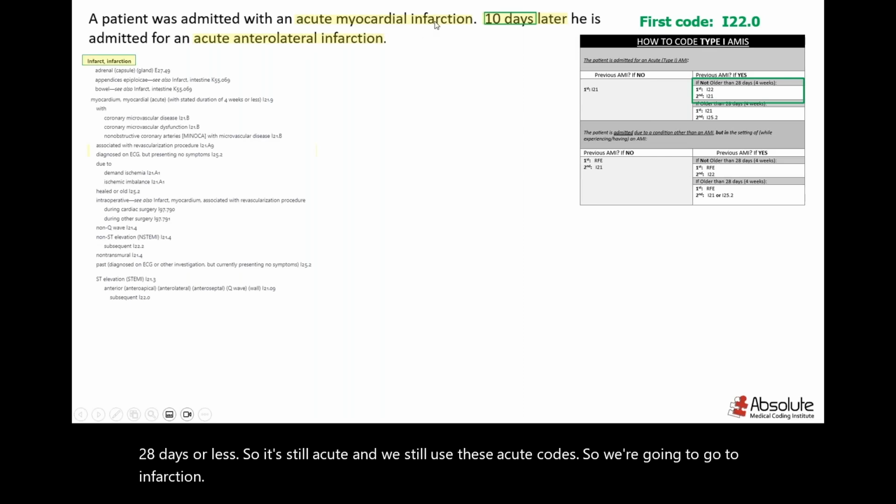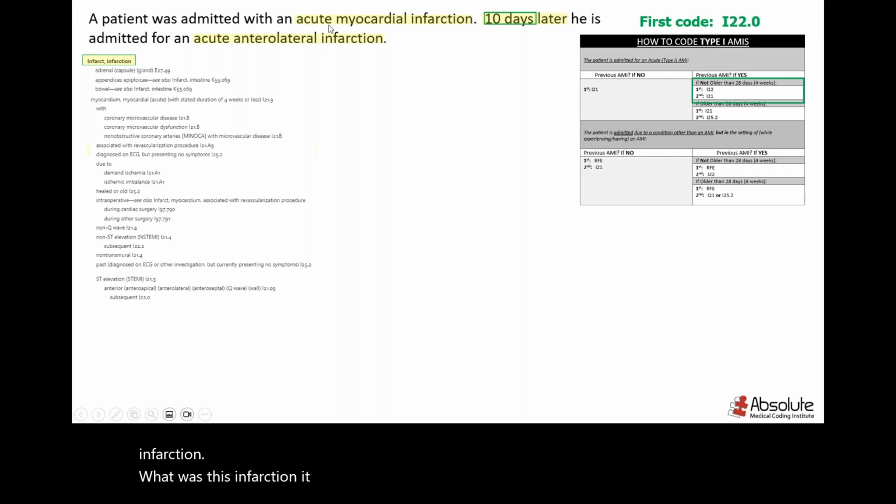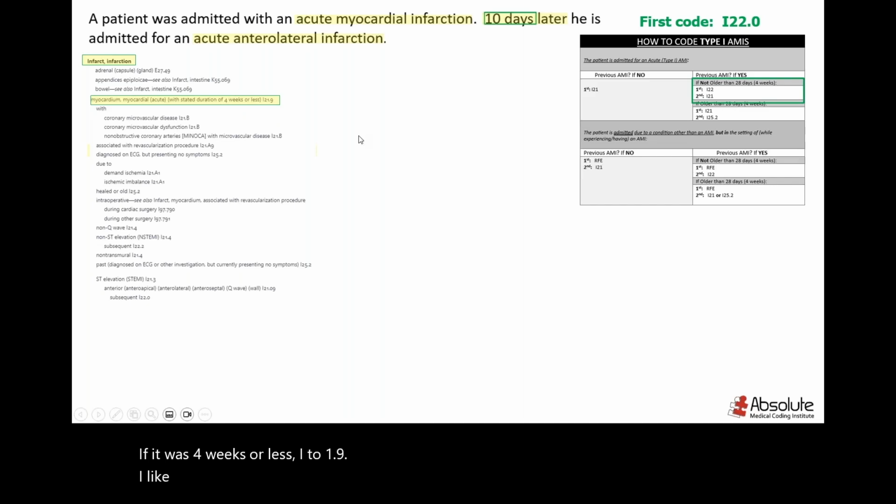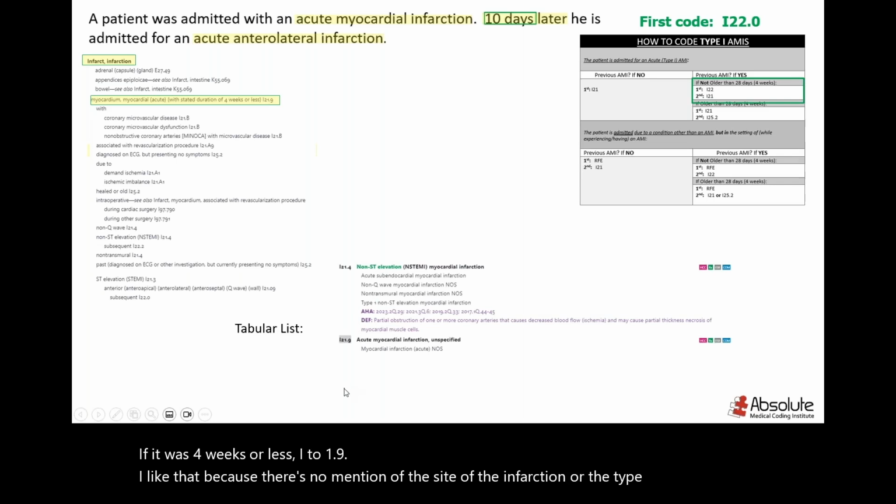What was this infarction? It just says an acute myocardial infarction. So infarction, myocardium, if it was 4 weeks or less, I21.9. I like that because there's no mention of the site of the infarction or the type.